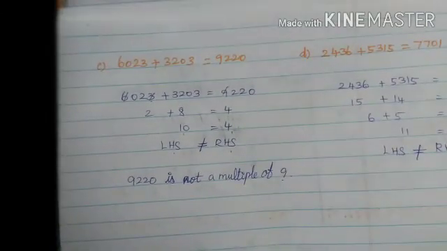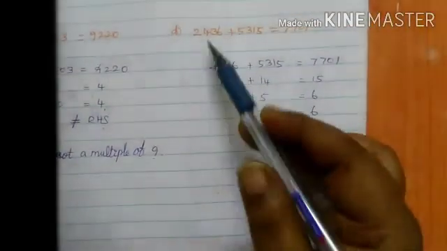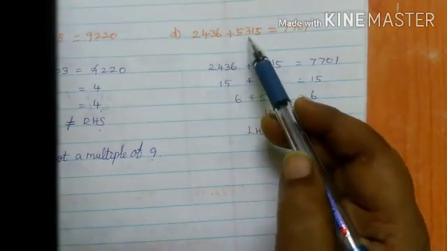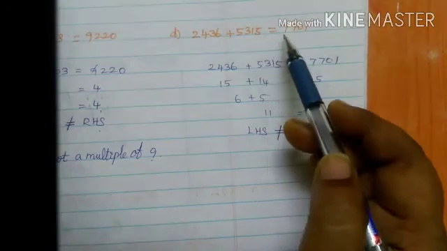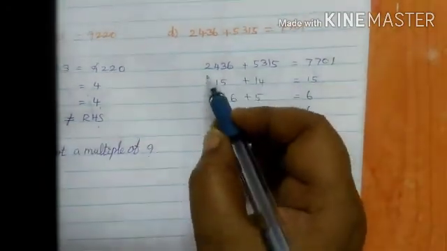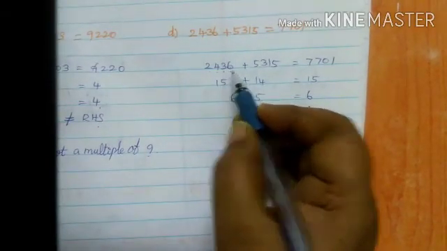So 9920 is not a multiple of 9. Okay. Then next one. Last sum, this one. 2436 plus 5315 equal to 7701. So take it here. 2 plus 4 plus 3 plus 6.